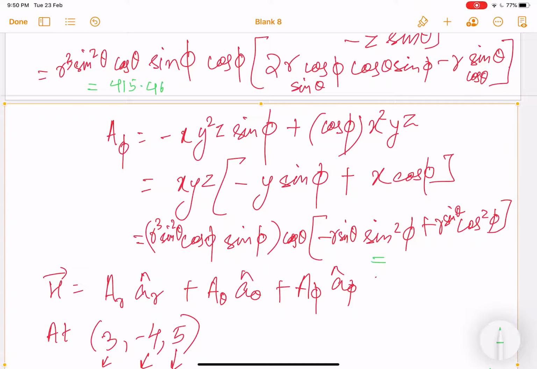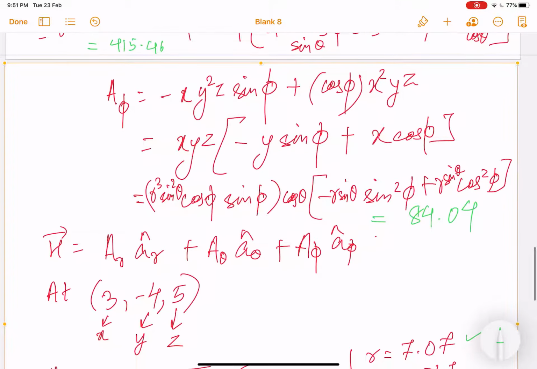I hope you have all taken out your calculators. Do it, go for it. Then this is minus sine square phi, square it, then sine square phi plus cos square it as well. So you got 84.04.